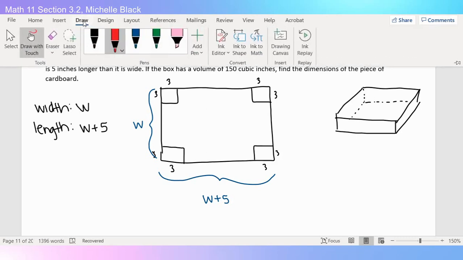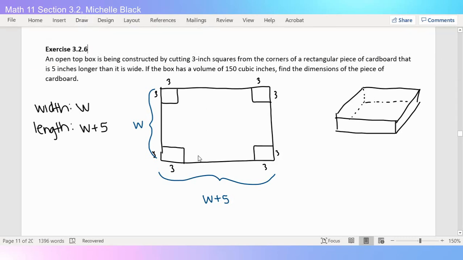So once I take away those 3 inches, this piece that's left here is going to be W plus 5 minus 3 minus 3, or in other words, W minus 1.